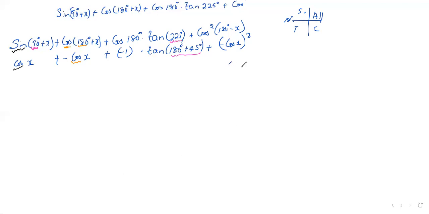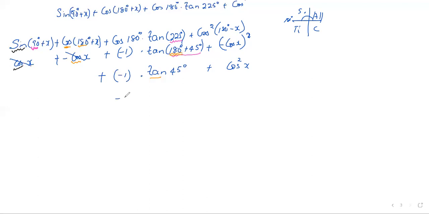We can start it there as the cos squared x. Plus here, 180 plus is in the third quadrant, and the tangent is positive there. So that will be a tangent of 45. Don't forget that this is an even multiple, 2 times 90. The ratio does not change. So we multiply by -1, plus here cos minus cos is 0.